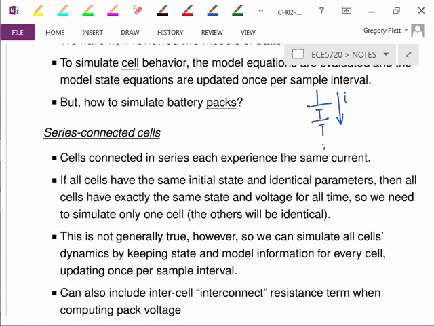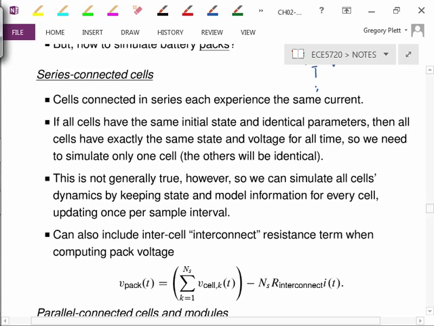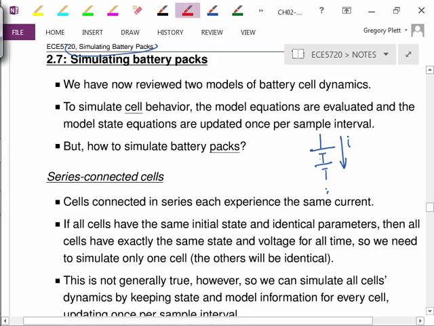every sample interval. When we're looking at a series-connected set of cells, we might also consider the fact that there's interconnections between the cells, and there can be fairly significant resistance there.